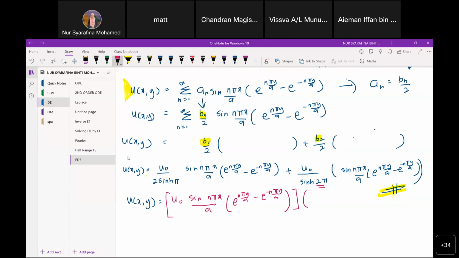Or if you want to leave it like this, it is enough already.